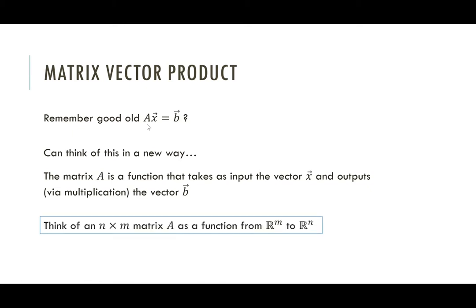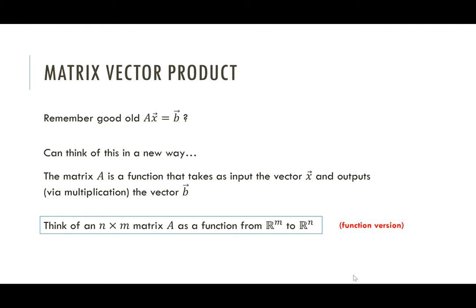So in this new way of thinking about things, we can think of an n by m matrix A as a function from Rm to Rn. And if you need to pause for a moment and convince yourself that I didn't mess up the order of these m's and n's, and that indeed if A is n by m, then x is in Rm and b is in Rn, then go ahead and pause until you've convinced yourself that that's true.